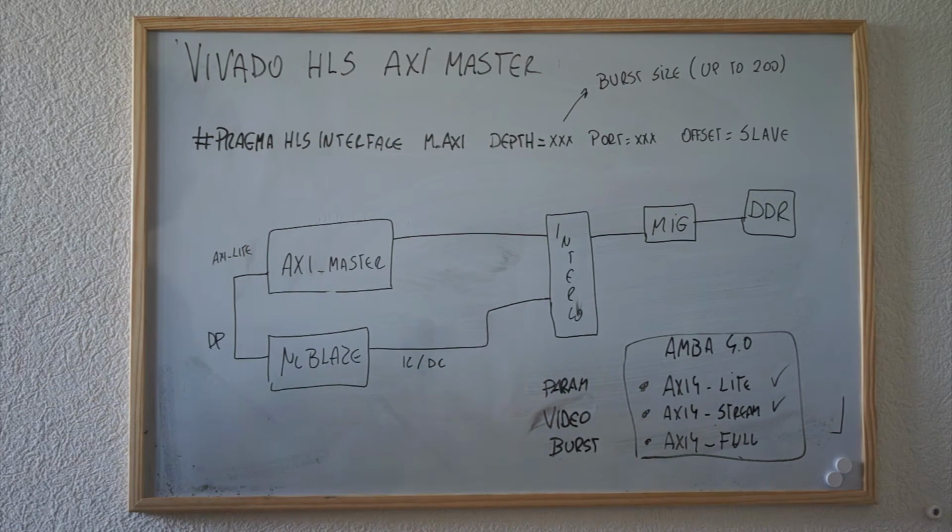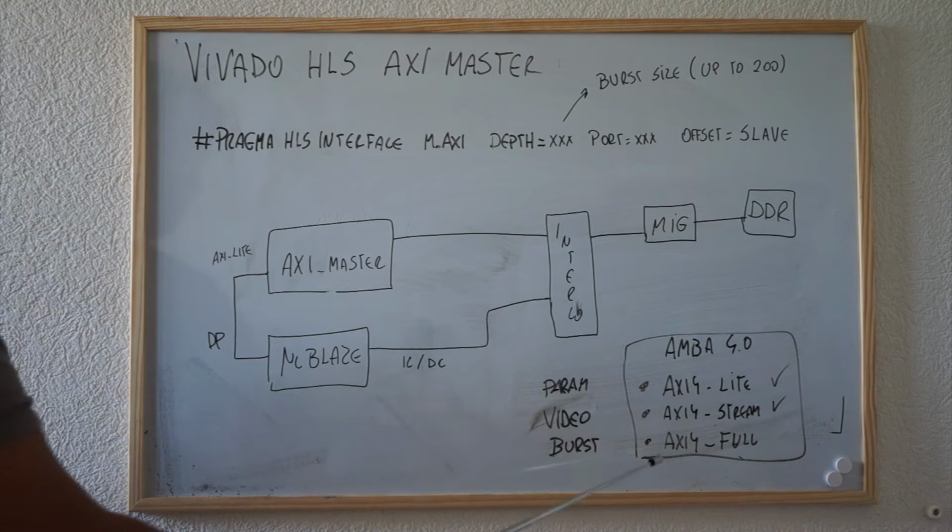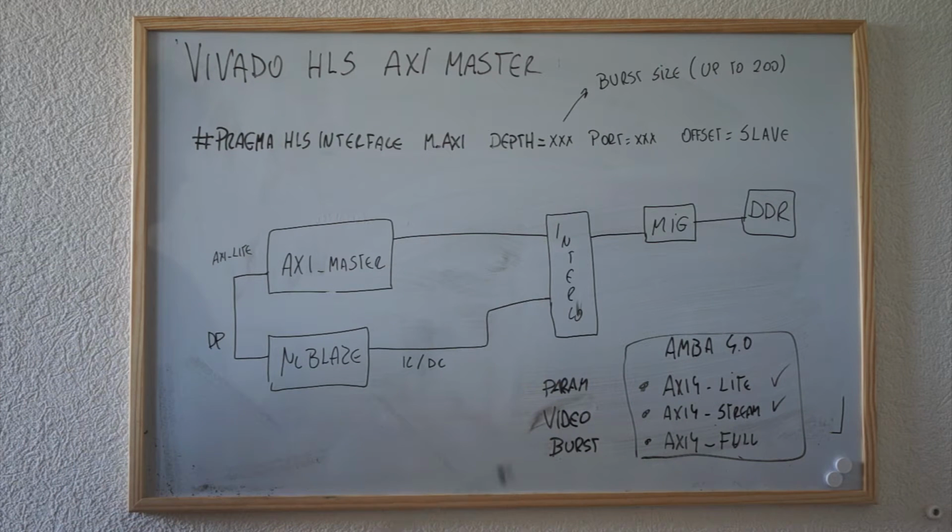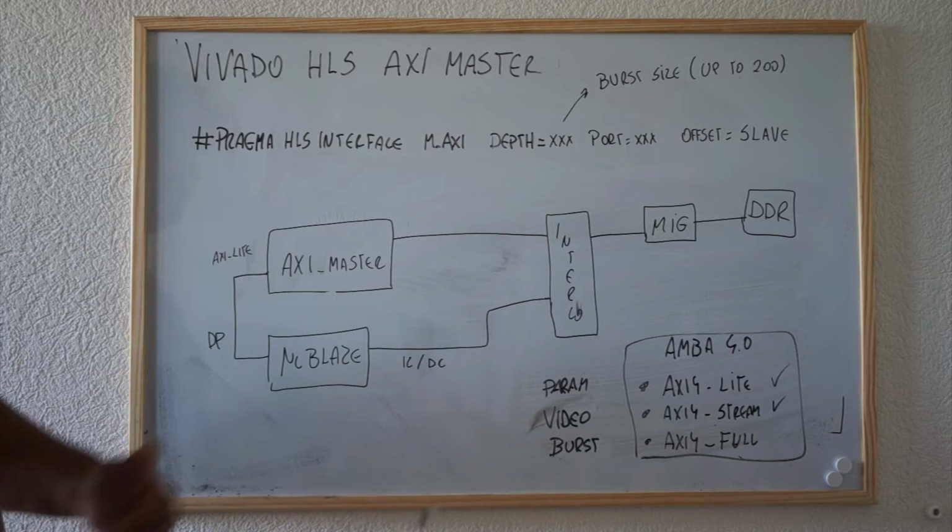The AXI4-Stream, on the other hand, is a very simplified interface protocol, but it's really useful, for instance, if you want to transfer videos and large streams of data. The AXI4-Full, on the other hand, is very specific if you want to also transfer data fast, but in a memory mapped fashion.